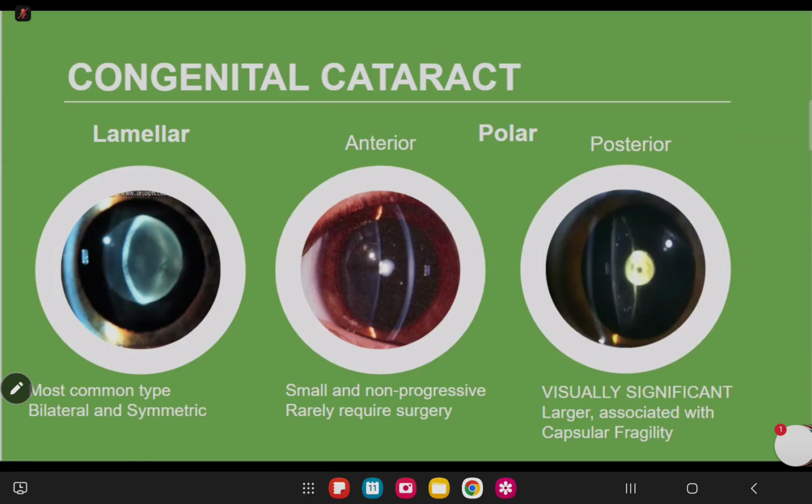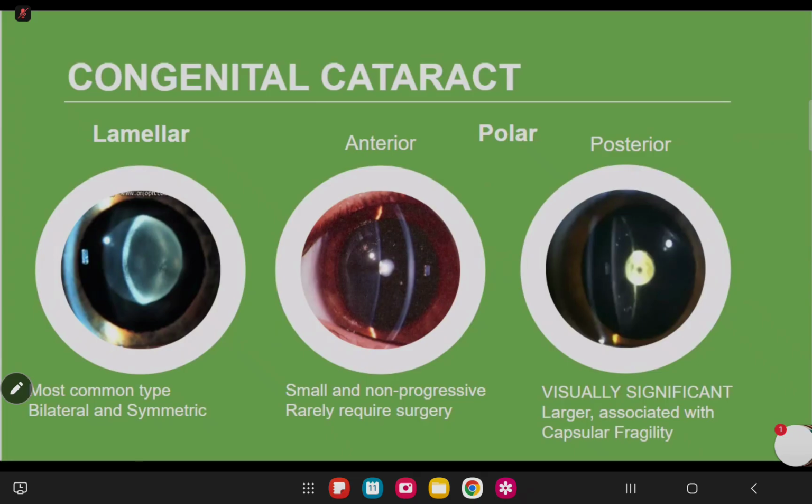However, your posterior is usually visually significant because it's usually larger compared to your anterior and is also associated with capsular fragility. Since it's highly adherent to your posterior capsule, there would be fragility of your posterior capsule, causing fast capsular opacity, and it could also pose great threat when you do surgery.